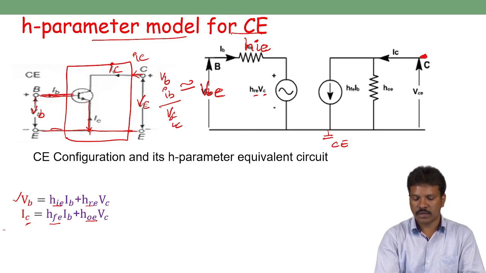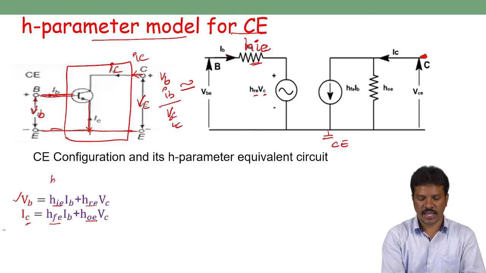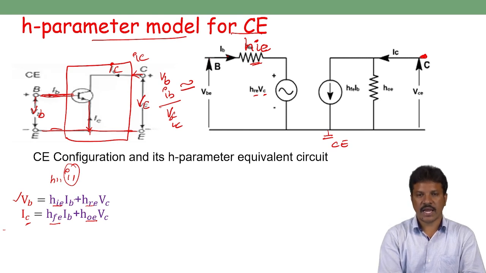VB is equal to base current IB multiplied by the first H parameter HIE, just like H11 I1, the input current IB, plus H12 V2.